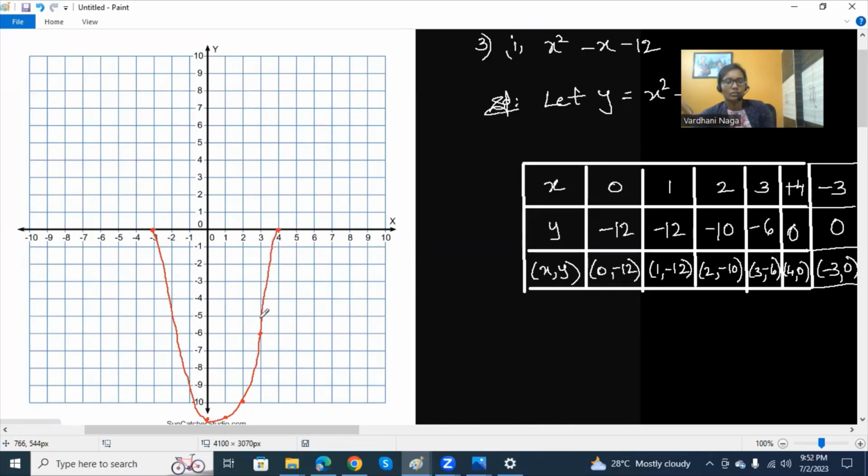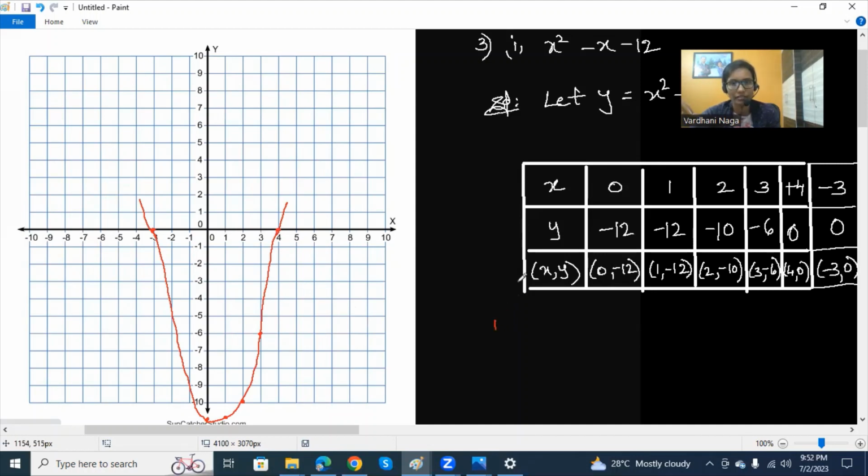Okay. So this is going to be our parabola. If you have observed, you can even extend this one. If you have observed, the curve cuts the x-axis at 2 different points. These are going to be your zeros. What are the zeros? So let's write the solution part here.